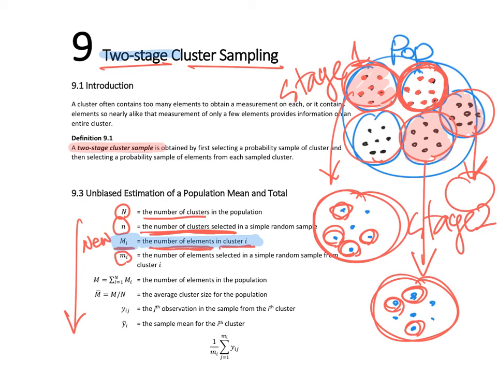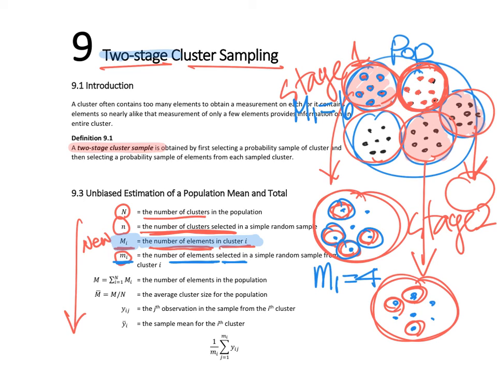So now the small mi is the number of elements selected in the sample. So now I can say 1, 2, 3, 4, that is the small m1 equal to 4. But the big M1 was 1, 2, 3, 4, 5, and 6. Okay, so please make sure you know the big Mi and small mi.